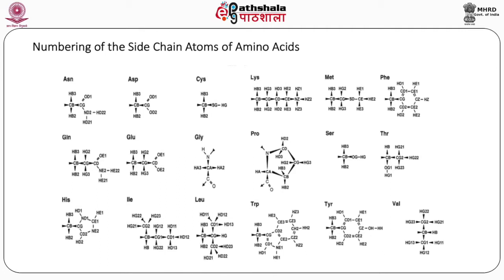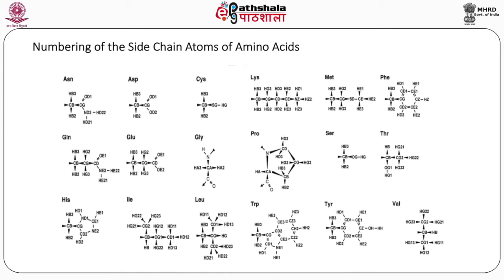We have serine, in which we have CB, which has HB2 and HB3, and this has a hydroxyl group OG and HG. Then we can look at the interesting residue proline. There is the N, and N has the C alpha. There is no NH in proline.